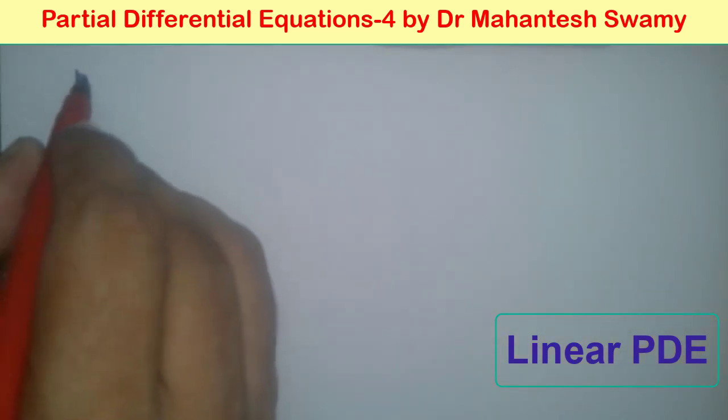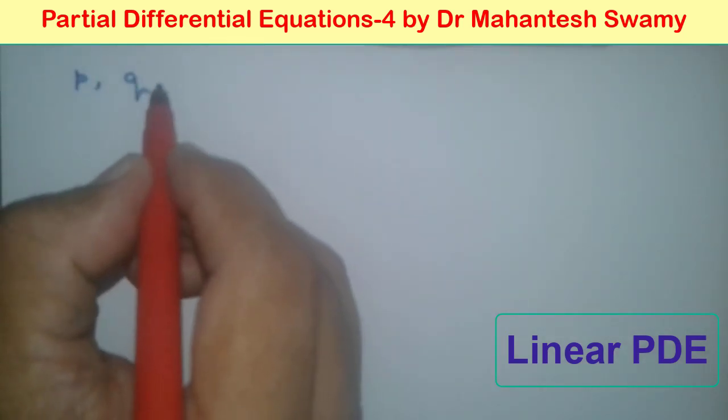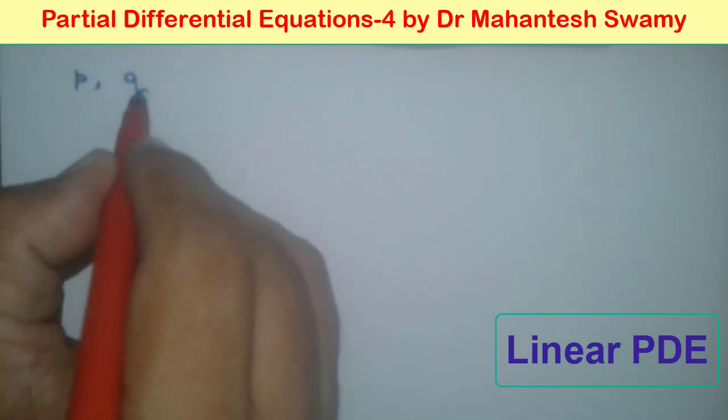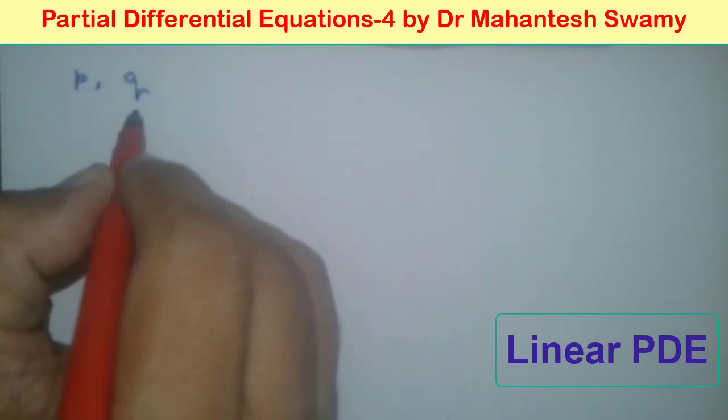So how to understand this definition? Here the partial differential equation is said to be linear if the partial derivative terms, the partial derivatives are nothing but p and q as far as the first order partial differential equation is concerned. In this chapter we are dealing only with first order partial differential equations. So we will be having dou z by dou x, dou z by dou y.